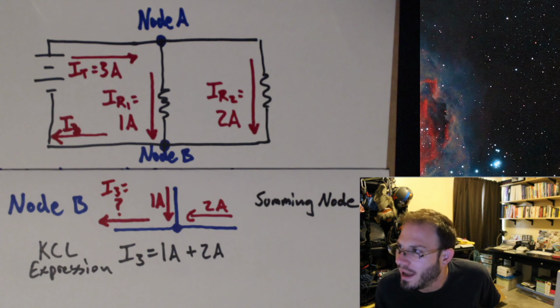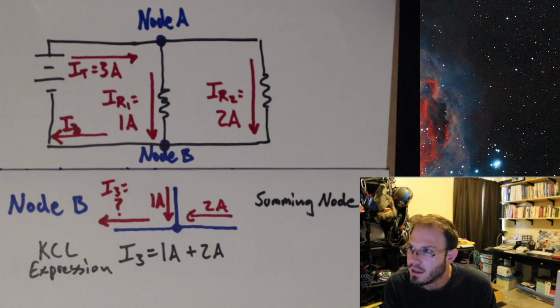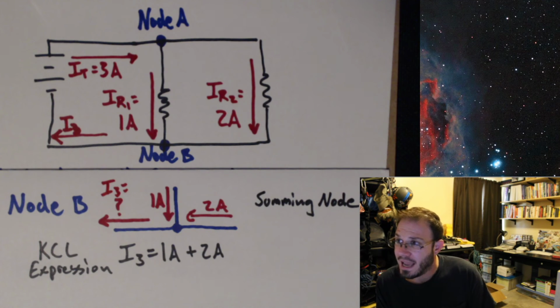Well, now you can really easily see that I3 is equal to 3 amps.